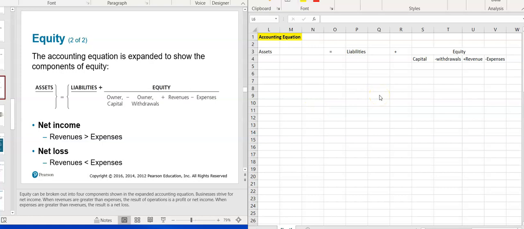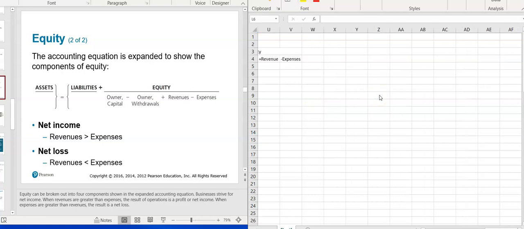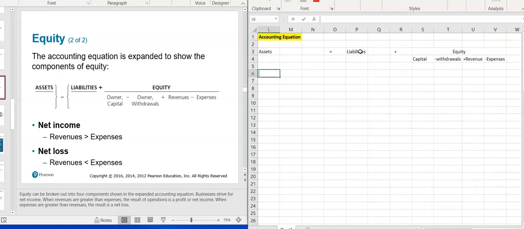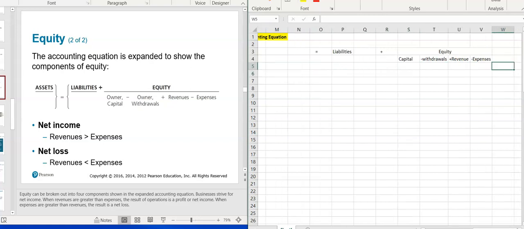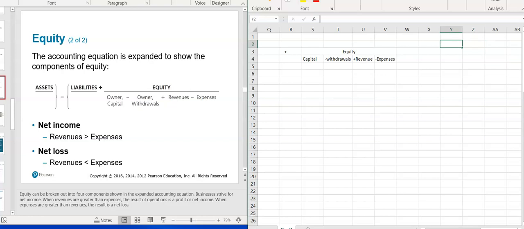And with respect to the income statement, I'm going to come over here for a second. We haven't gotten to the income statement, but we will. All right. So ultimately, what we'll find is that the income statement will show revenue and expenses.